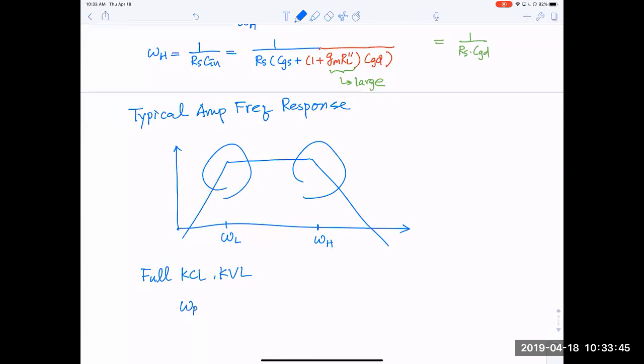The pole frequency is equal to 1 over, you'll see some similarities, RS times (CGS plus (1 plus gm RL double prime) CGD). So far, so good. It's almost the same as the exact expression. It misses one term, RL double prime times CGD.